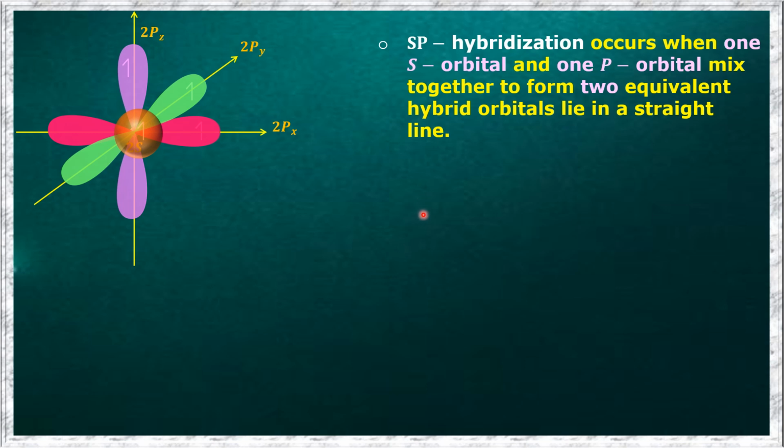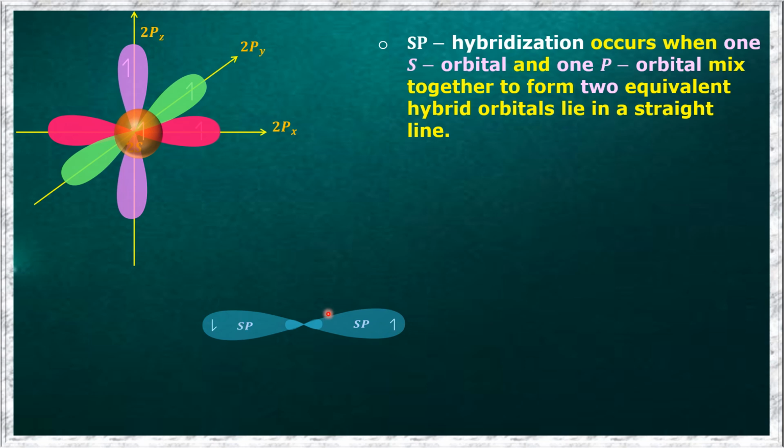In sp hybridization, what happens? One s orbital, that is 2s orbital, intermixes with one of the p orbitals, say 2px orbital. These two orbitals will intermix and form two new sp hybrid orbitals.